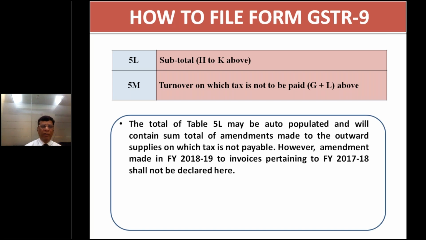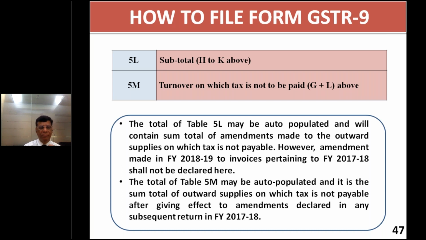The total of table 5L may be auto-populated and will contain the total of amendments made to the outward supplies on which tax is not payable. However, amendment made in FY 18-19 to invoices pertaining to FY 17-18 shall not be declared here.